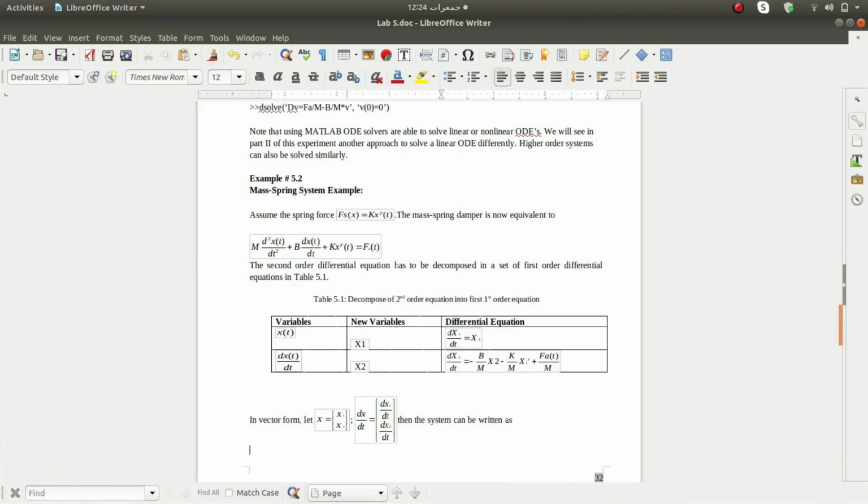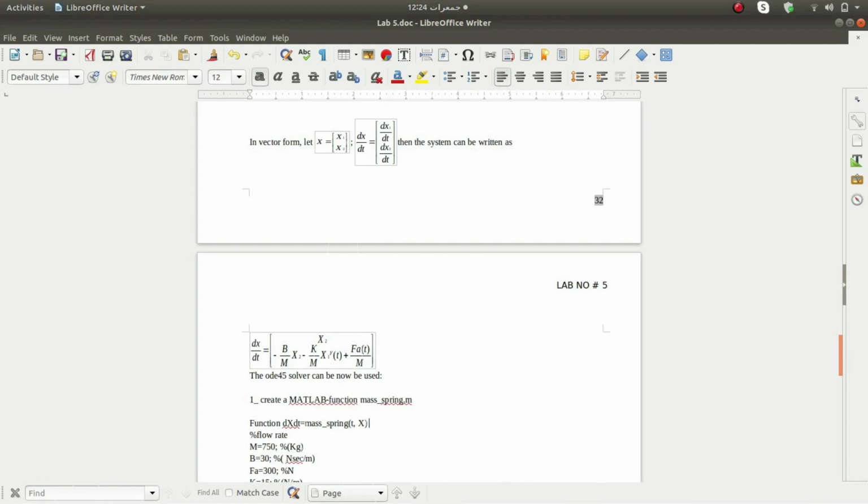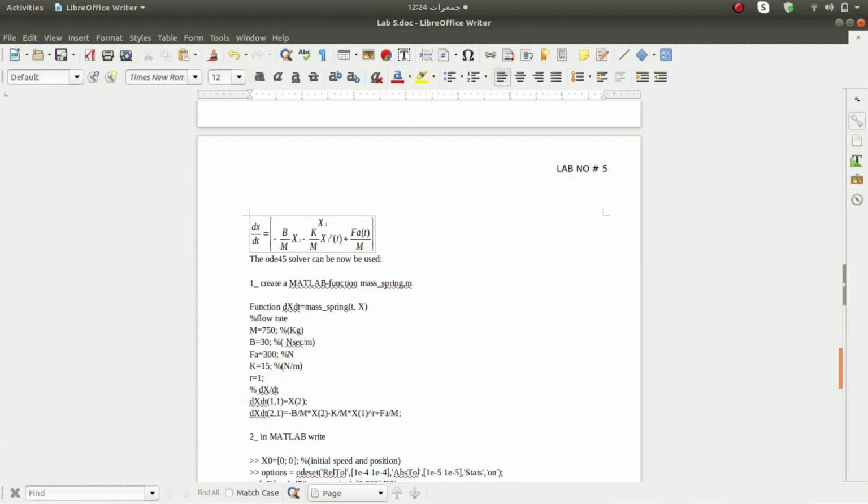Now we have to solve this differential equation. We use the same method: we create a function first, with the function name mass_spring, and we created this function by writing function and declaring its parameters.